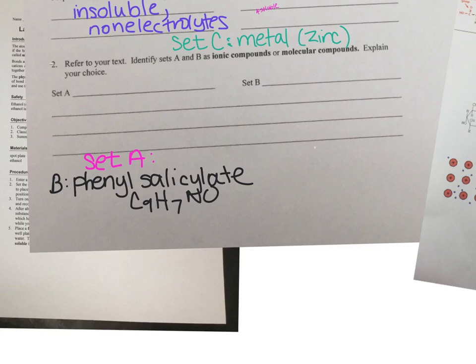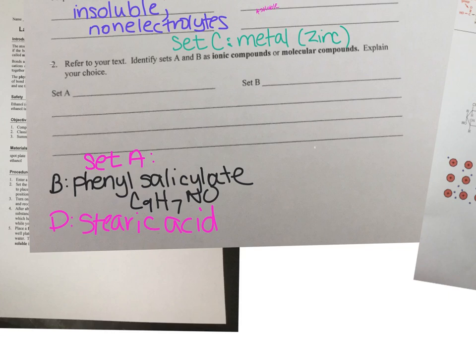All right, so letter D was stearic acid, okay? And later, we're going to be seeing acids that actually do conduct electricity, are strong acids, and then even the weak ones slightly do.